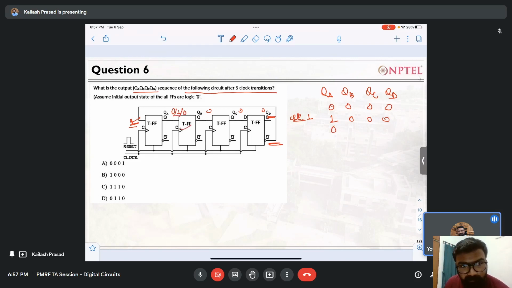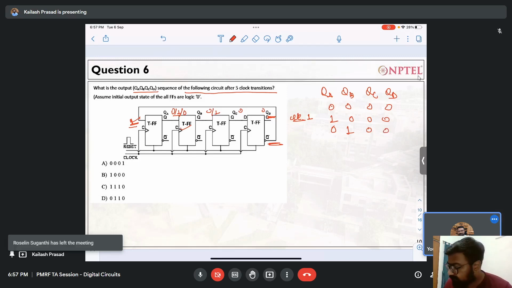Once this flips, this node will become 1. It will keep on happening because for the T flip-flop, if the input is 0, the output remains the same. If the T flip-flop input is 1, it will toggle. So this you should note. So it will become 1.